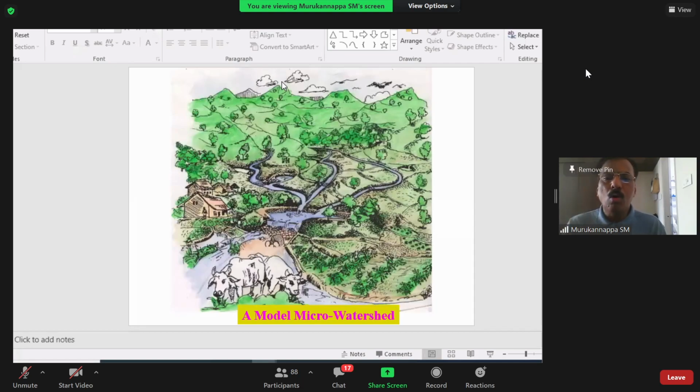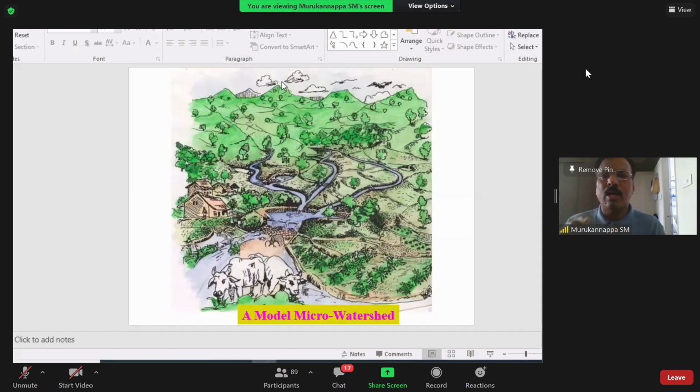So we will go and explain one by one. What are the conservational measures for the arable land, that is cultivated land? What are the conservational measures for the non-arable land, that is uncultivated land? What are the conservational measures for the drainage line? That we have to study.